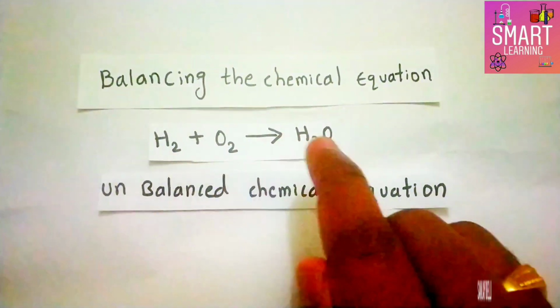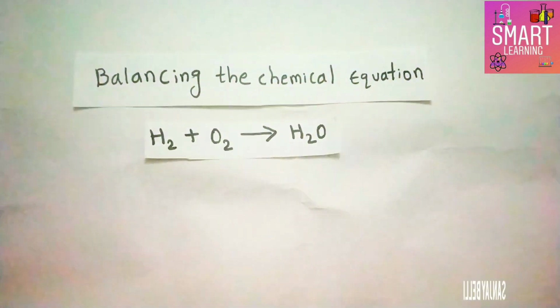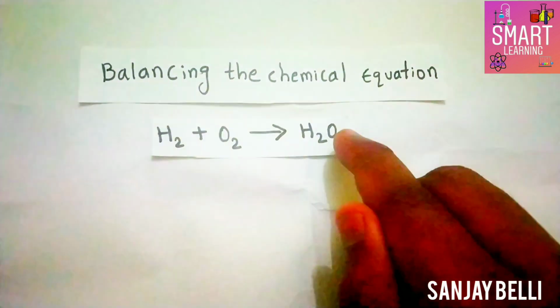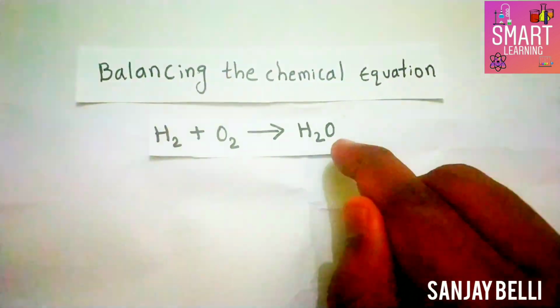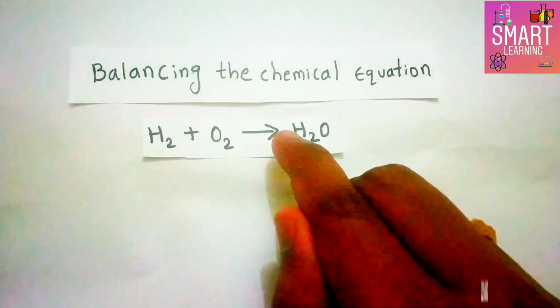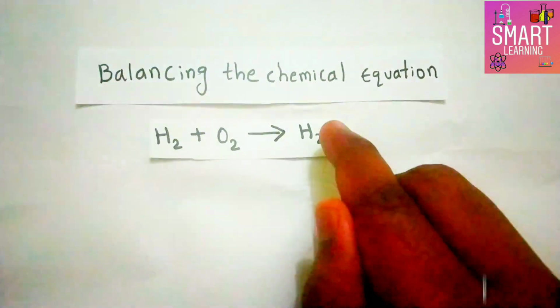Now we have to balance this chemical equation. So how do we balance it? We have to get 2 oxygens on the product side. Here we have only 1, so we have to multiply by a factor of 2. When we multiply by 2, 2 ones are 2 oxygens.